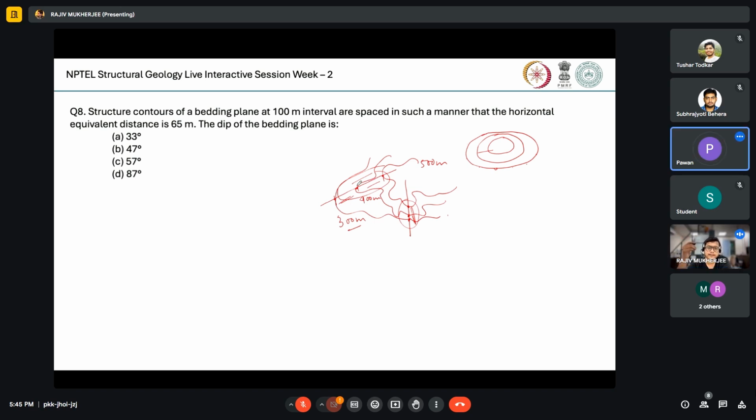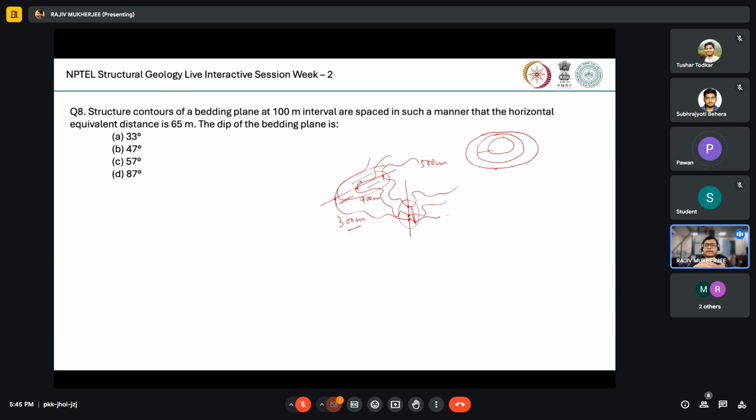Now using this concept, we will be calculating this problem. Sir, can slope and dip be different? Of course, they may be the same in some cases, but mostly slope is what we talk about with topography. In that case we use the term slope.